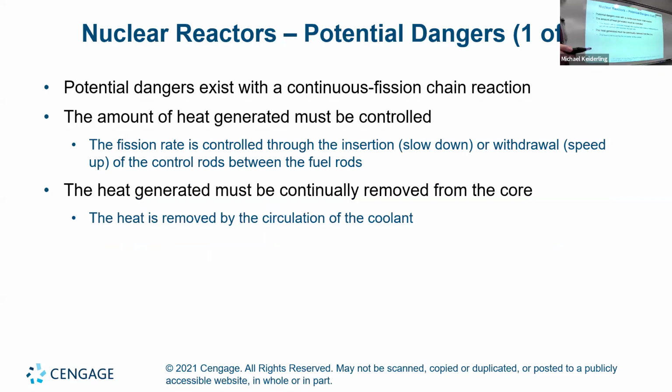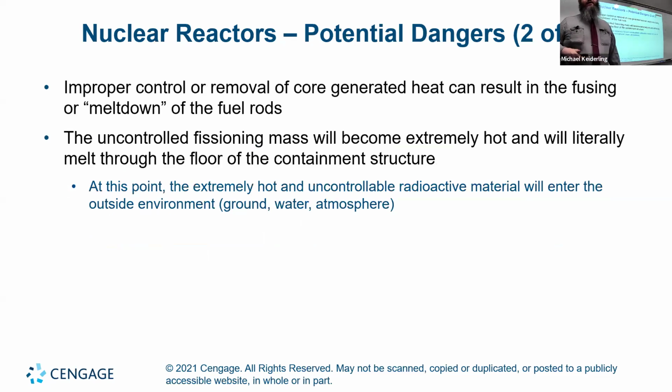Now, nuclear reactors do have potential dangers. The amount of heat generated needs to be controlled. The fission rate is controlled through the insertion (slow down) or withdrawal (speed up) of the control rods. And the heat generated must be continually removed from the core, or else things can explode, and that's bad. An improper control or removal of core generated heat can result in the fusing or meltdown of the fuel rods.